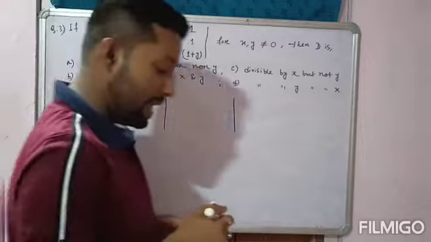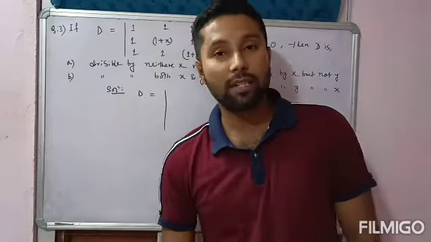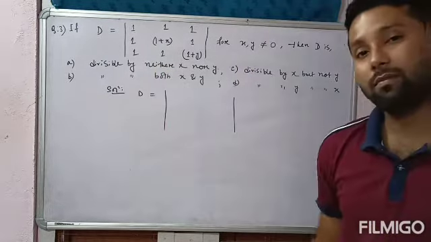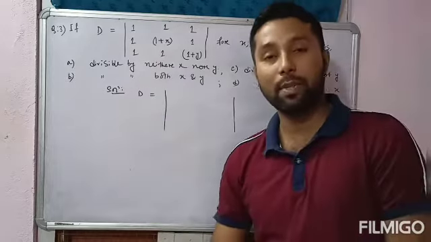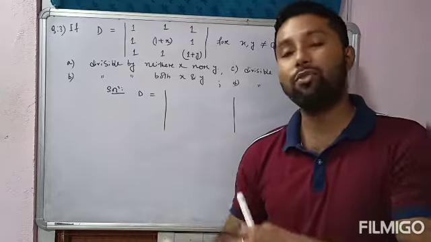already I have explained the properties of determinants. You know about row operation, column operation, right? Since there is no zero in this determinant, why would we use some row or column operation?